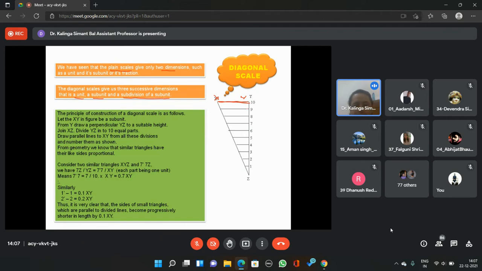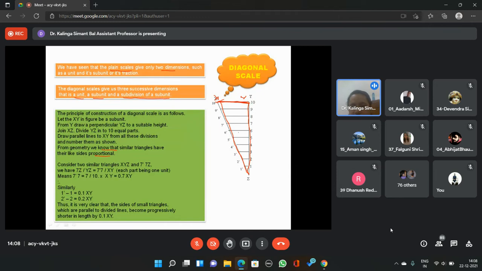We draw parallel lines corresponding to each of the divisions. Now, once we have obtained this, from the geometry of similar triangles, we know that the sides are proportional. So if I consider two triangles, one is XYZ, the bigger one, and this other triangle, because this side has to be named, so it is 10. This is named by 1 dash, 2 dash, 3 dash, 4 dash, up to 10 dash. So the first triangle we take is the XYZ triangle, the whole thing.